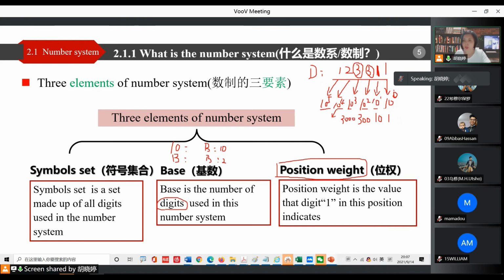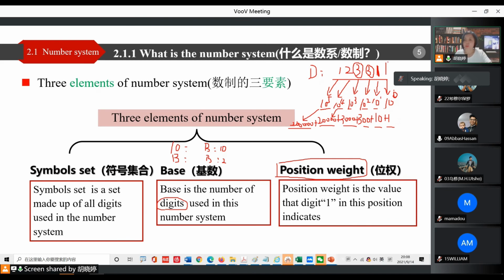Then that will be 20,000, and 200,000. Its real number is obtained by summing these numbers: 200,000 plus 20,000 plus 3,000 plus 300 plus 10 plus 1.